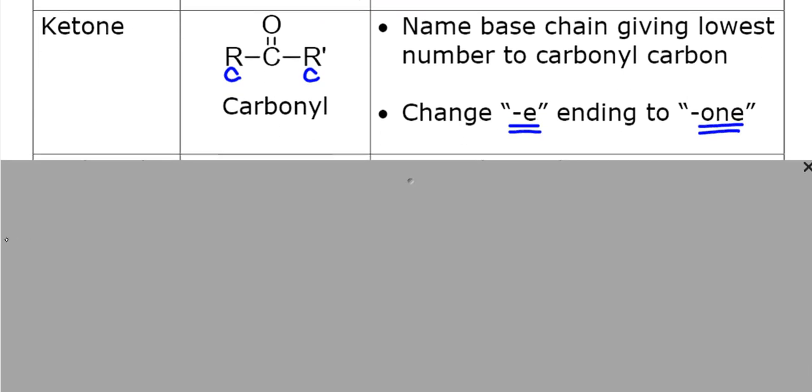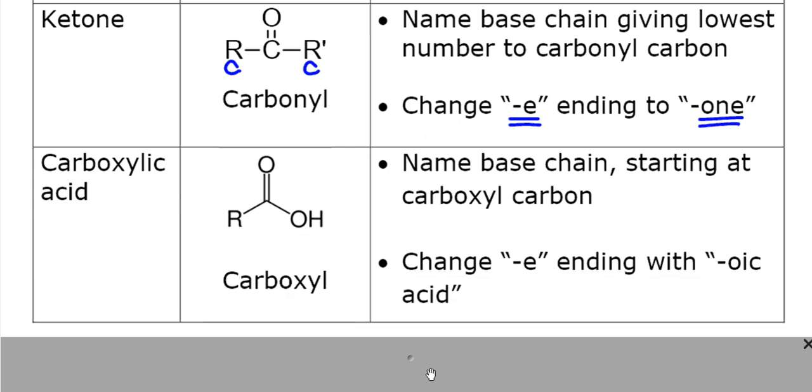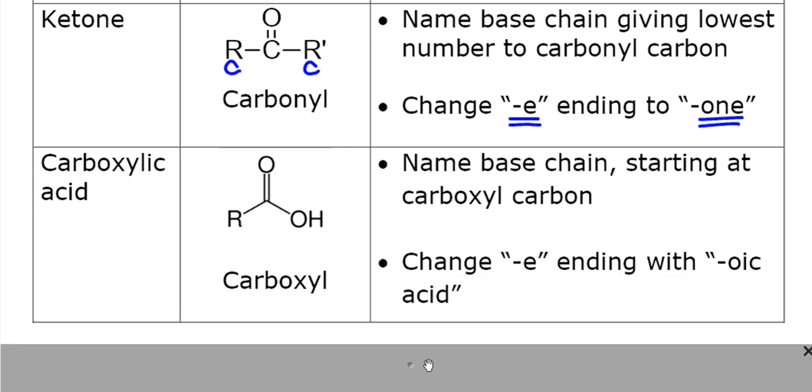The last group that we'll be covering today is the carboxylic acid. Carboxylic acid, its functional group is a combination of two that we've seen. And here this is a line diagram, but this could be a carbon right in there.